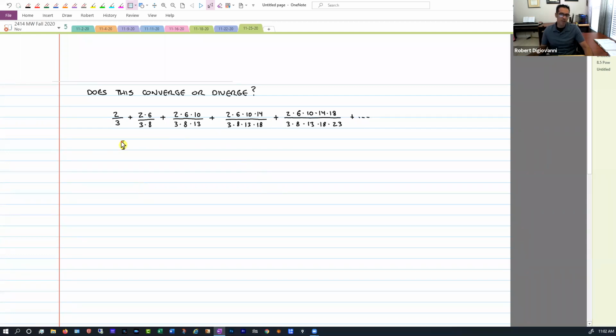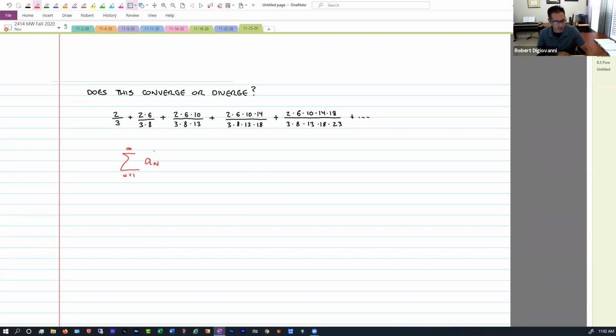Last class, we learned about the ratio test, which is really a great test. We're going to use the ratio test here, but what we need to do is get this into the form of a sum. We need to make this look like this. All right, and then we can run our ratio test. So we have to identify a pattern in here.